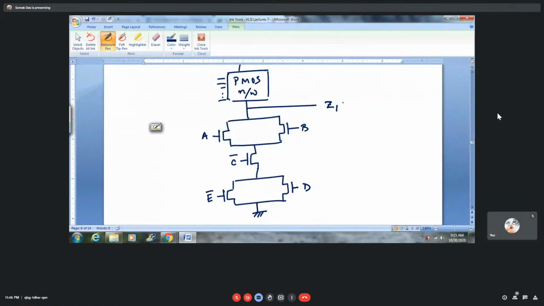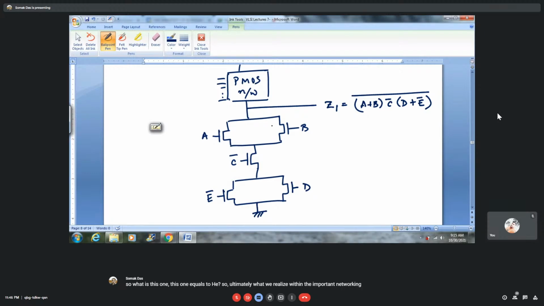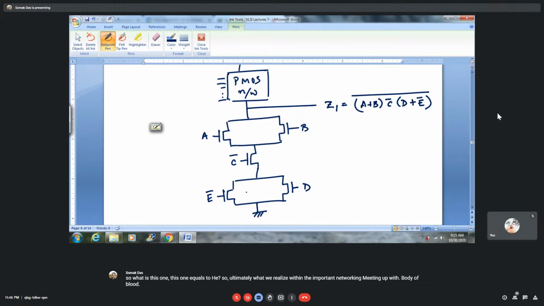So what is Z1? Z1 equals (A plus B)(C bar)(E plus C bar). Ultimately, what we realize within the NMOS network is that within a particular branch there is ORing of logic.